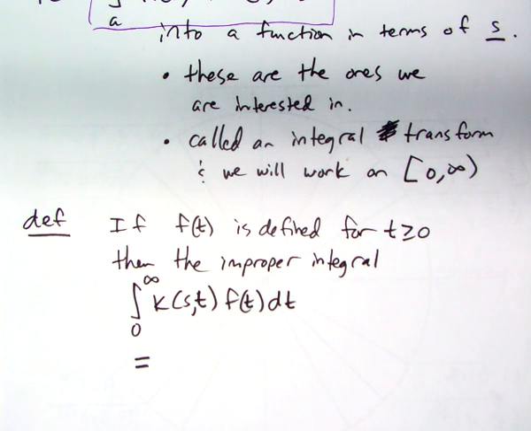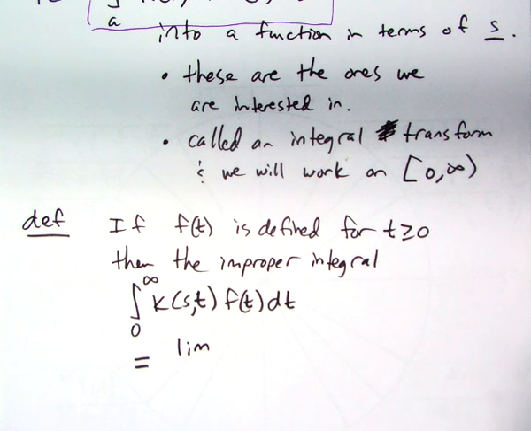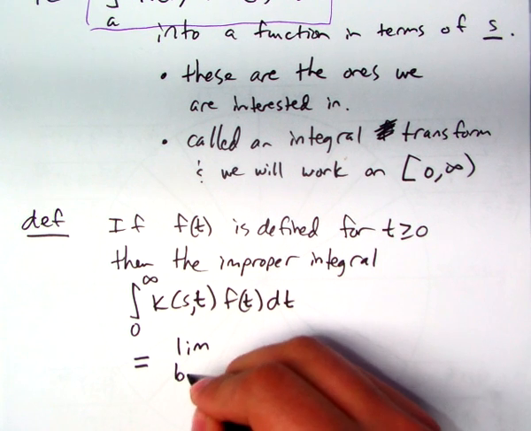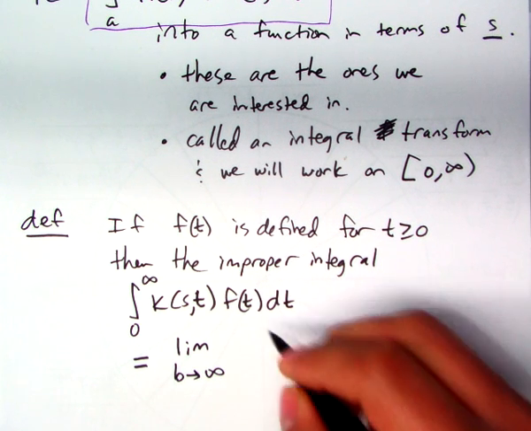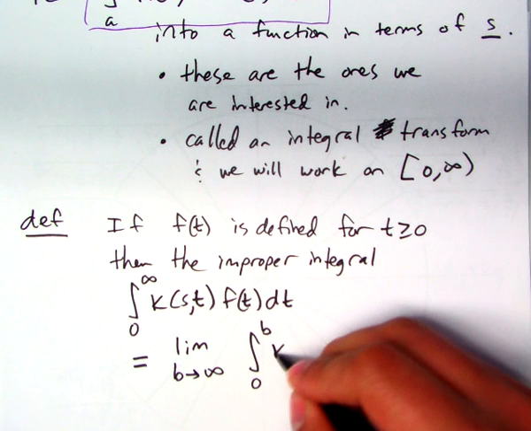What do we have to do to figure it out? So let's say b goes to infinity. We'll go from 0 to b, and then we just repeat the function.